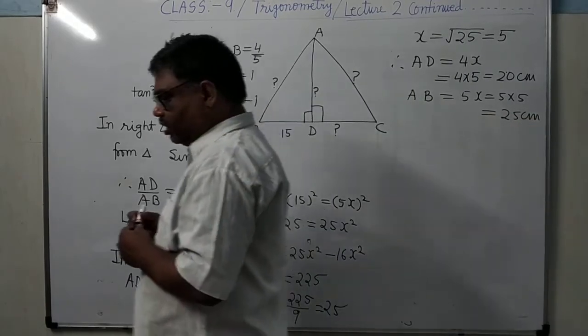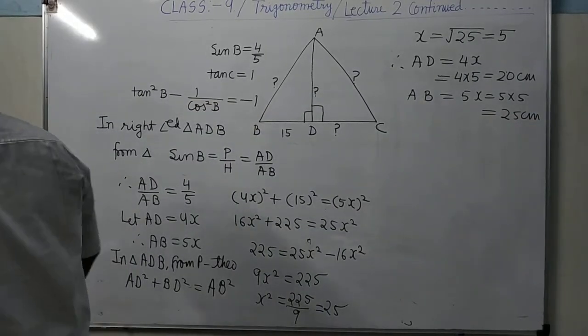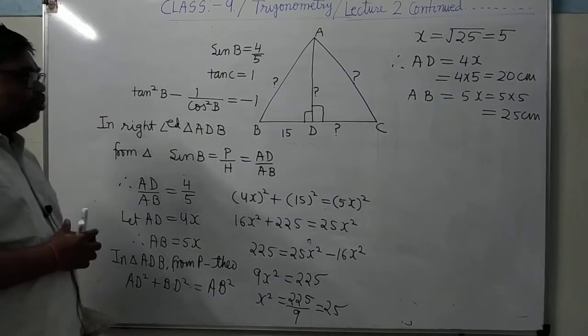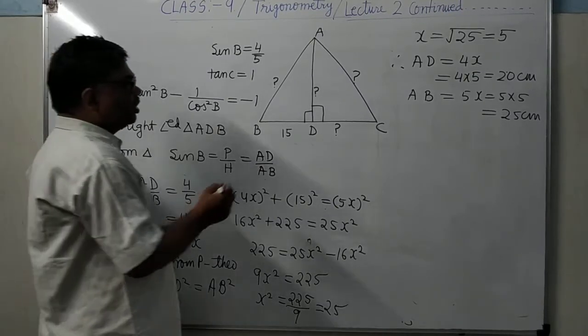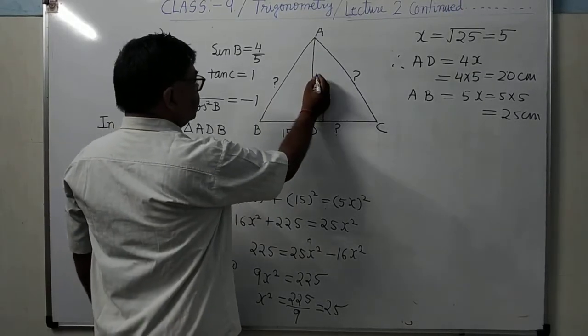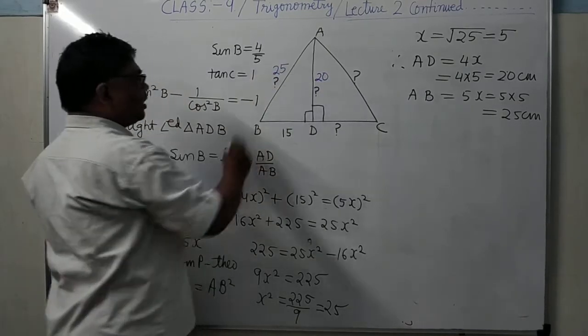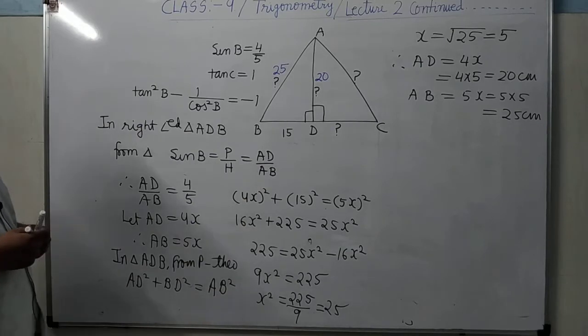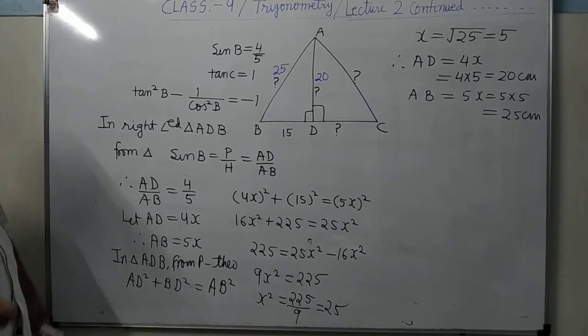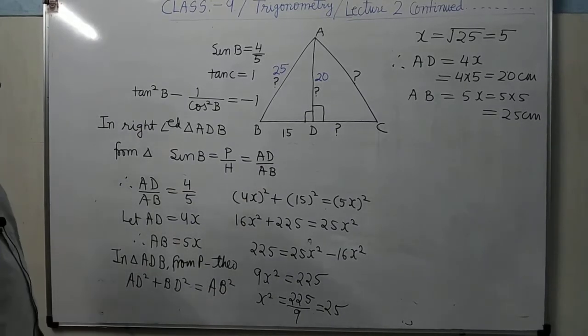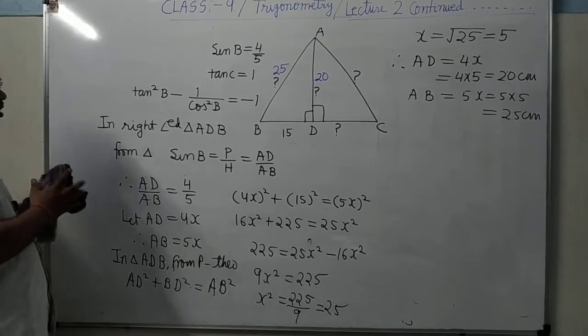It is clear? So now what will you do? You write down these values here. AD is 20. Here it is 25. It will be better if you write down the values. So in triangle ADB, all the values are known.